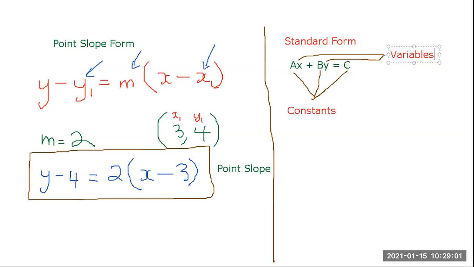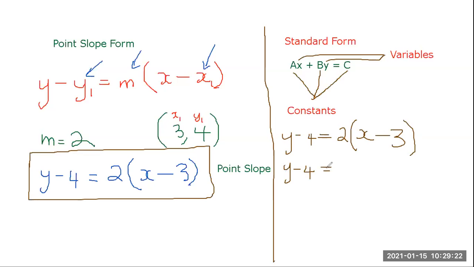So I'm going to take the example that I used before on this other side right here. Where is it at? y minus 4 is equal to 2(x minus 3). And then I'm going to put this equation in standard form. I work it out like I normally do with regular equations, actually. y minus 4 is equal to 2x minus 6. Right?